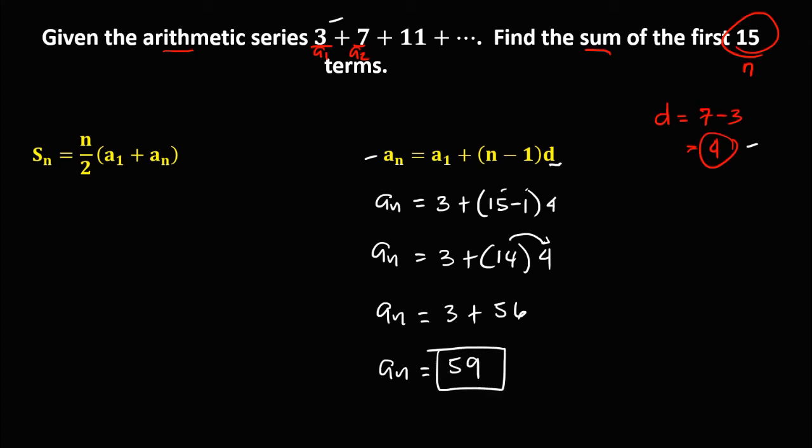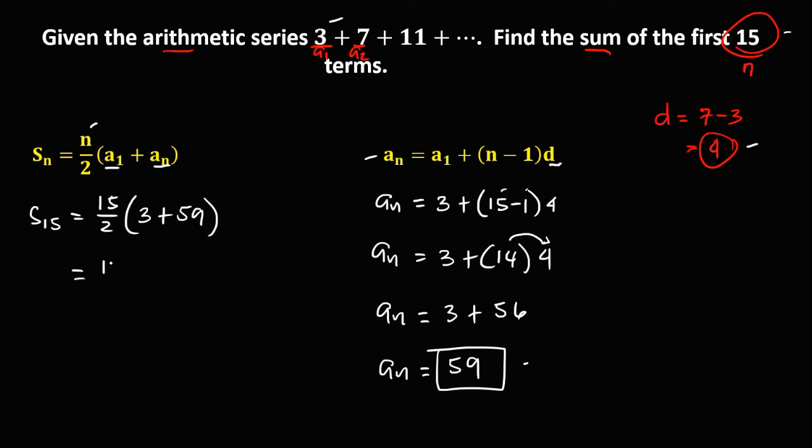This time, we can now solve the sum of this arithmetic series because we have all the values: the a sub 1, the a sub n, and the number of terms. Since we have these 15 terms, the sum of these 15 terms equals 15 divided by 2 times a sub 1, that's 3, plus a sub n, that's 59.